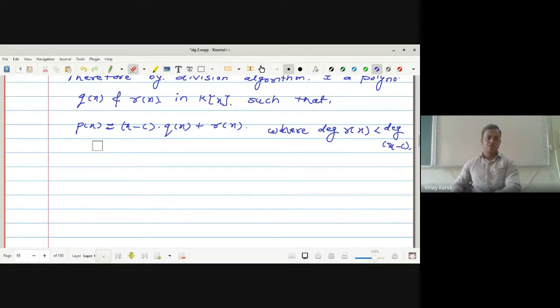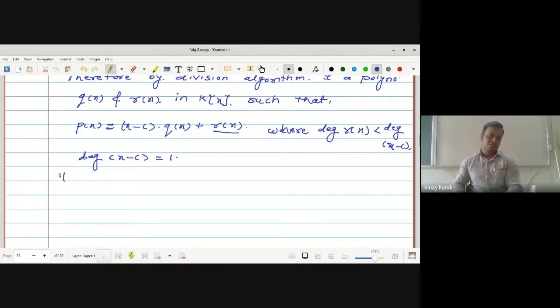So we have p of x is equal to x minus c into q of x plus r of x, where the degree of r of x is less than the degree of x minus c. Now here the degree of x minus c is equal to 1.